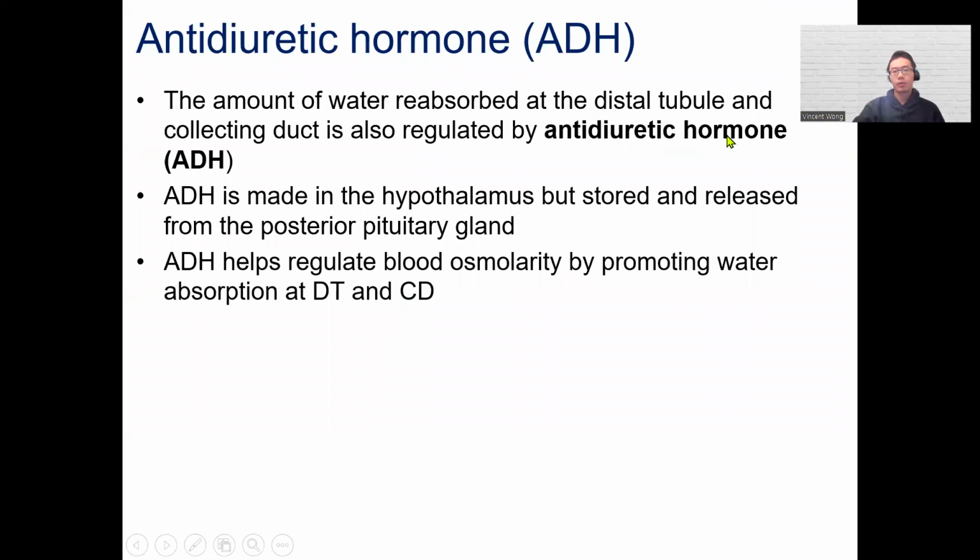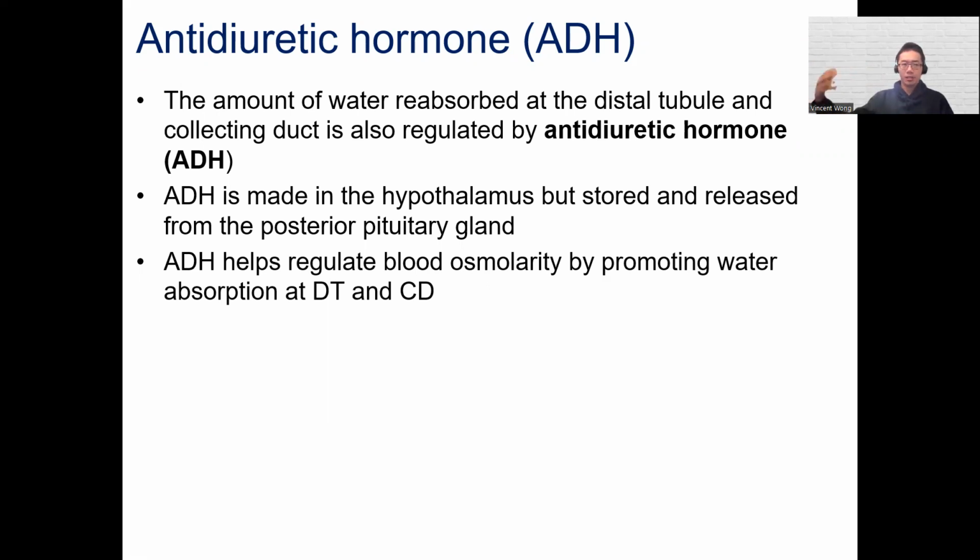So next hormone, the last hormone we'll learn in the kidney unit, is something called ADH, anti-diuretic hormone. I told you uretic means going to pee, right? Natriuretic, peeing out sodium. So anti-diuretic is basically not peeing, right?